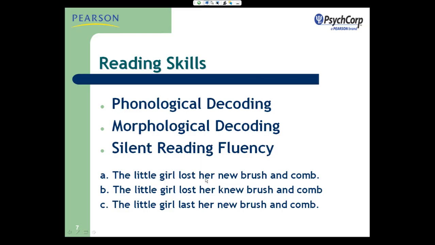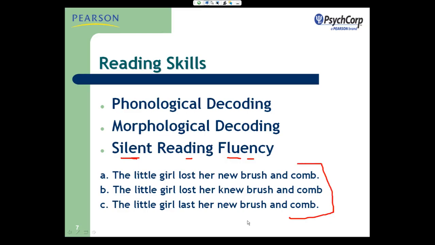But before you can get to silent reading fluency, where you're able to coordinate silent word recognition and sentence comprehension processes when reading for meaning, and you're able to do so fluently, there are a number of component skills that will lead you to that comprehension, where you're able to name the words quickly and accurately, and where you're able to demonstrate comprehension while you're reading. In order to demonstrate silent reading fluency, and here's an example, just to give you an example of the tasks that are included in the PAL2.